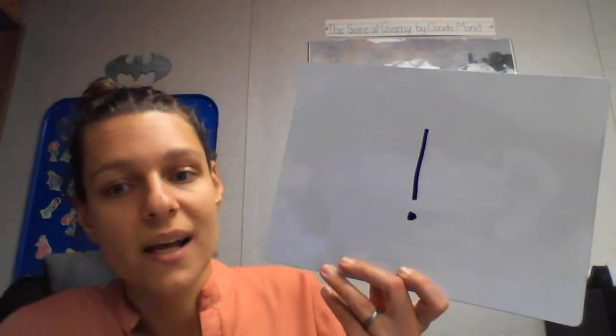So I hope from the way I said it, you knew to put what kind of end mark at the end? I said it with an exclamation point at the end. I could have said she took my glass, and then it would have just had a period. It would have been a declarative sentence, another declarative sentence. But I wanted us to practice using this kind of end mark. All right, and we use this end mark for what kind of sentence? Say it with me, exclamatory.